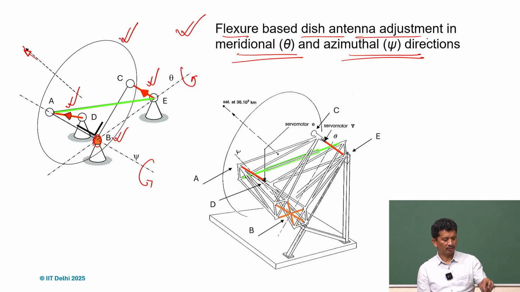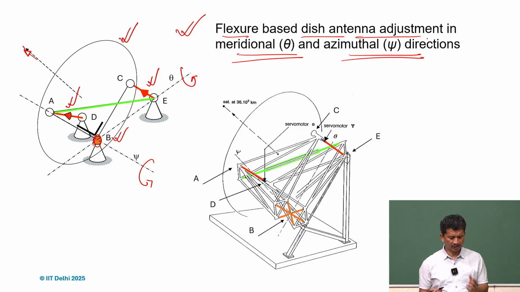At B is a spherical joint, so the position is known, and then we have A, D and C, which are the actuators. By changing the length, we can rotate it, and that is the concept.